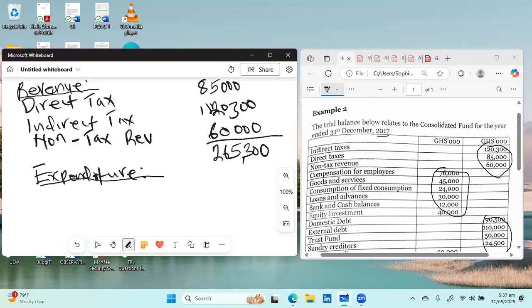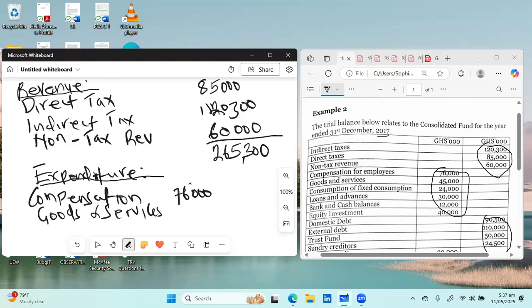Compensation for employees. This one has no notes, so it's very simple. Compensation is how much? 76,000. And then what again do we have? Goods and services. And that's how much? 45,000. Okay.